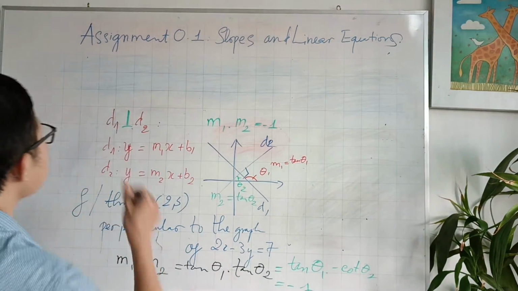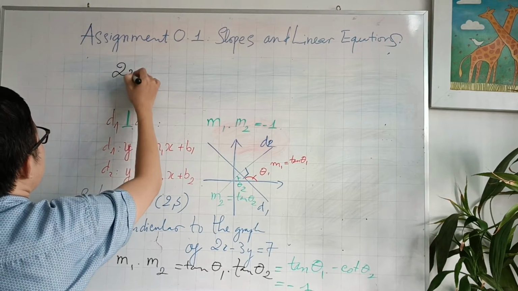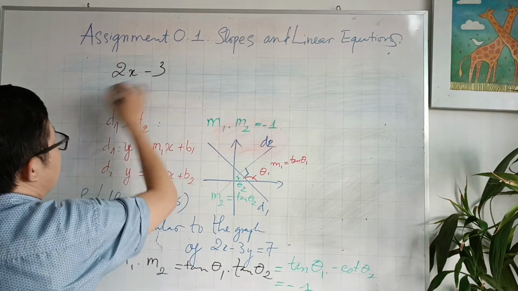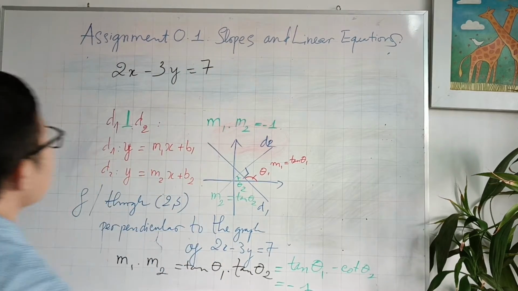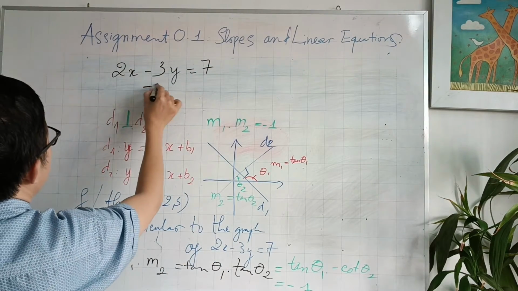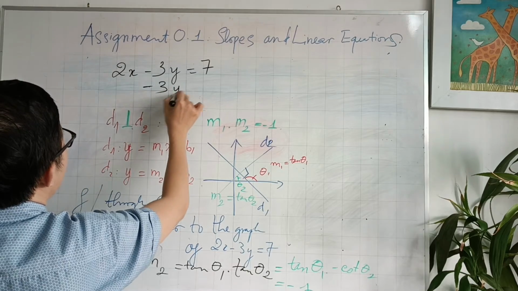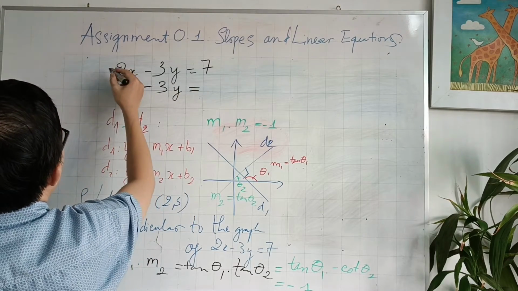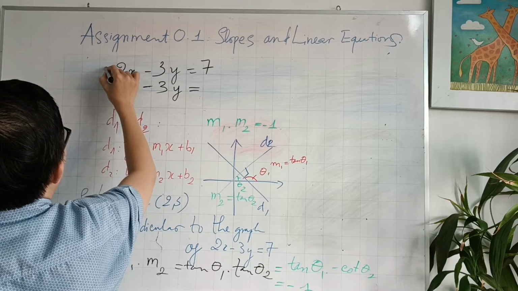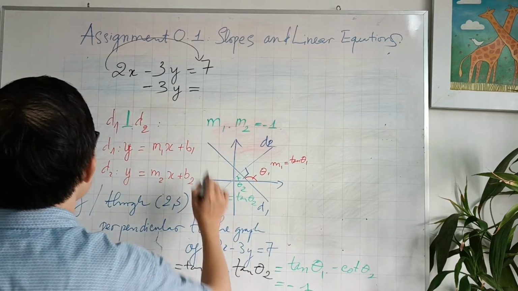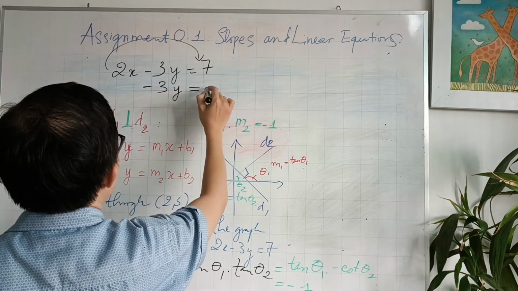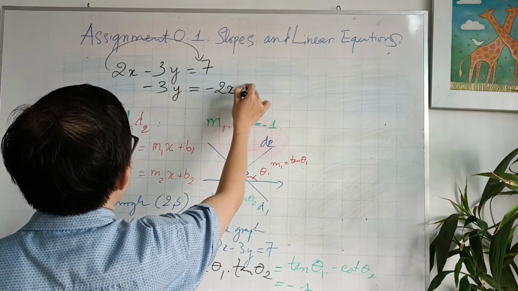We have 2x minus 3y equals 7. So negative 3y equals, we move this to the right side and change the sign of the coefficient 2, so we have negative 2x plus 7.